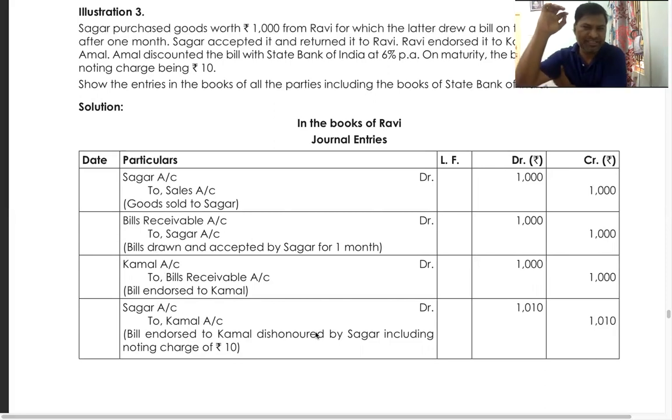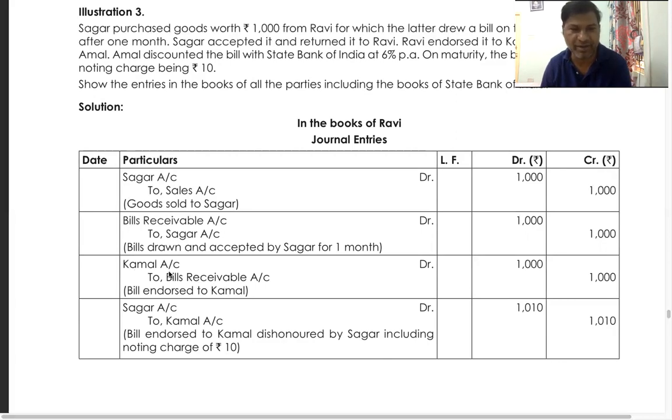So when it is dishonored, what happens? The debtor's account becomes debit. Sagar account debit 1,000 plus the noting charges, to Kamal. When the bill is given, Kamal account to bill receivable.